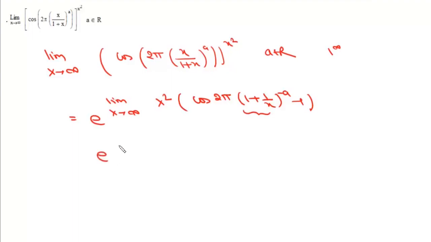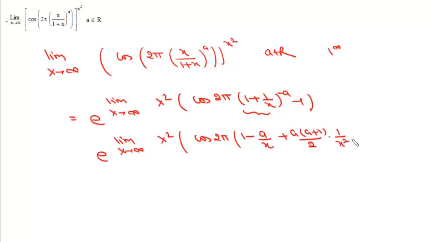So it will be e, and then this limit: x tends to infinity, x square, and we can write this as cos 2 pi 1 minus a upon x, and then it will be minus a minus 1, so it will be a into a plus 1 upon 2, 1 by x square, plus higher powers of x, and then minus 1.